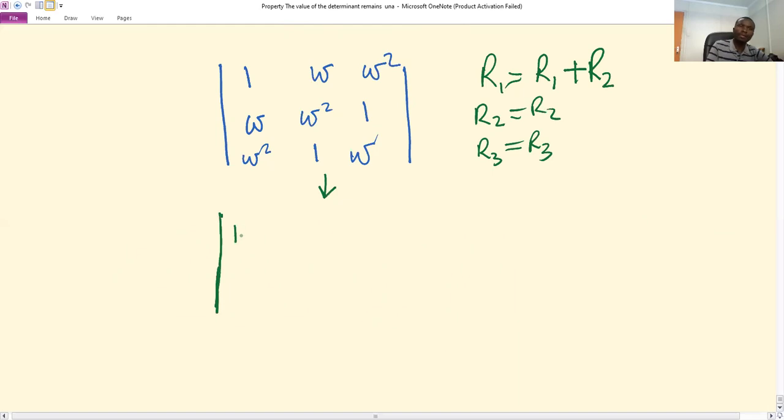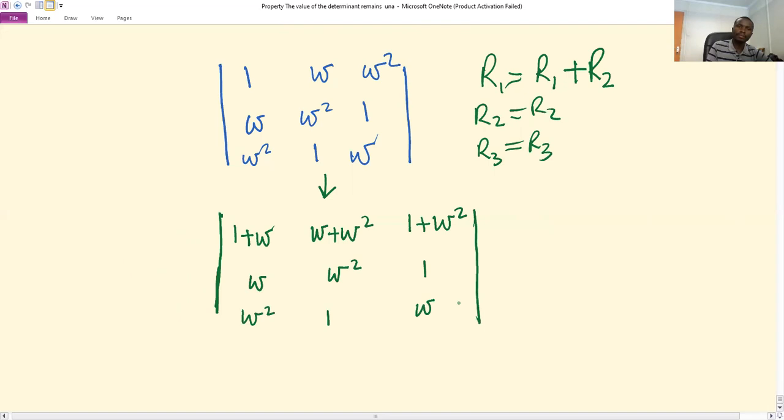So we'll have 1 plus omega plus omega squared, 1 plus omega squared. Then next we say let row 1 be row 1 plus row 3, let row 2 stay row 2, and let row 3 stay row 3.